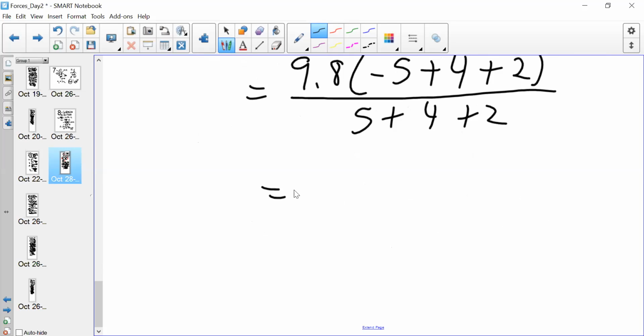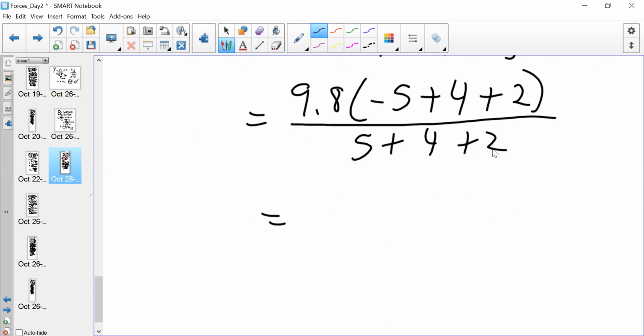Okay, so 5 plus 4 plus 2. And we'll have negative 1 plus 2, times negative 9.8, divide that by 11.